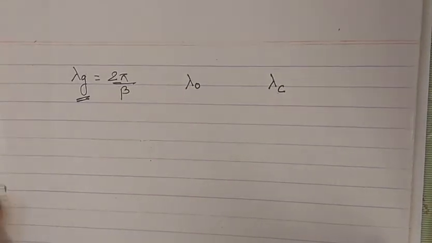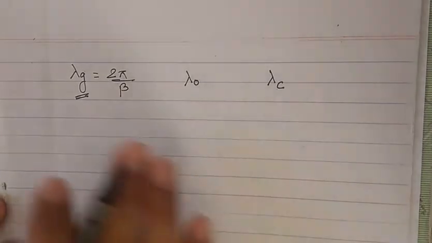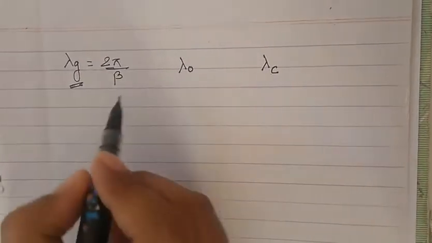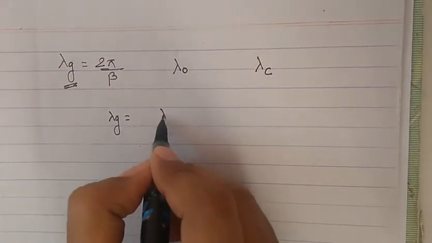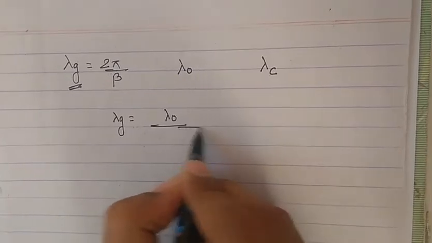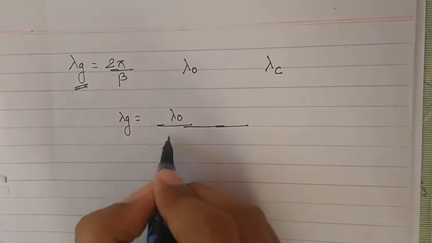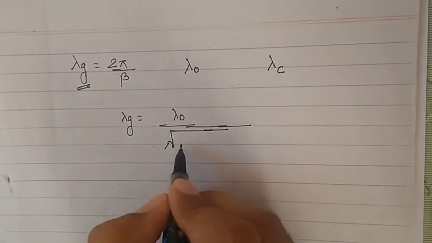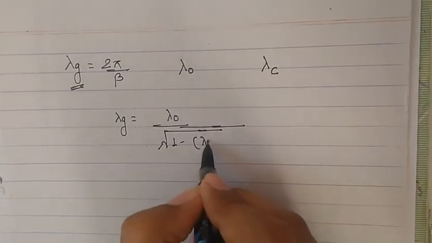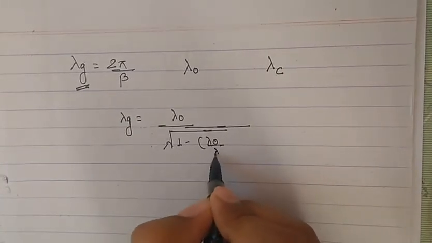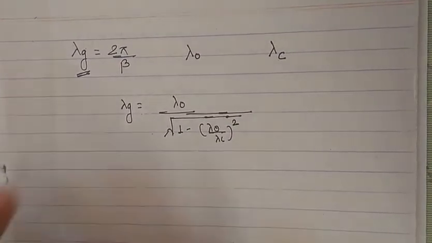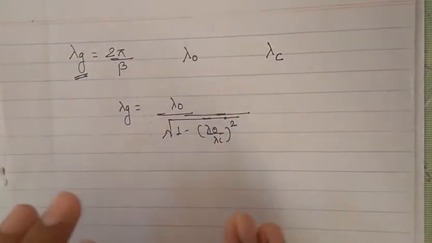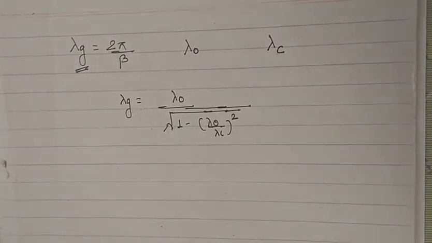In fact, we have a relation among these three wavelengths, and that relation is lambda g equal to lambda 0 over the square root of 1 minus (lambda 0 by lambda c) squared. So this is a relation among three wavelengths. Shortly we are going to derive these expressions.